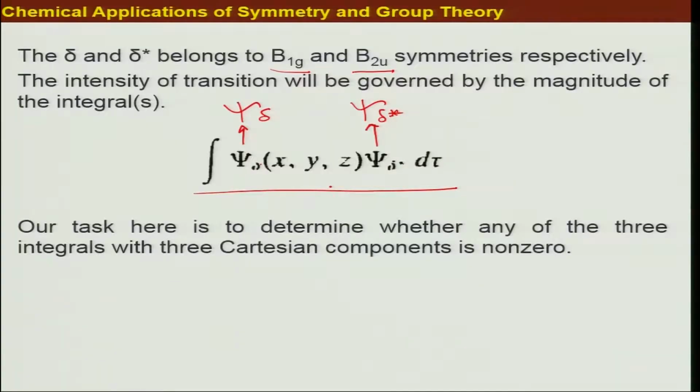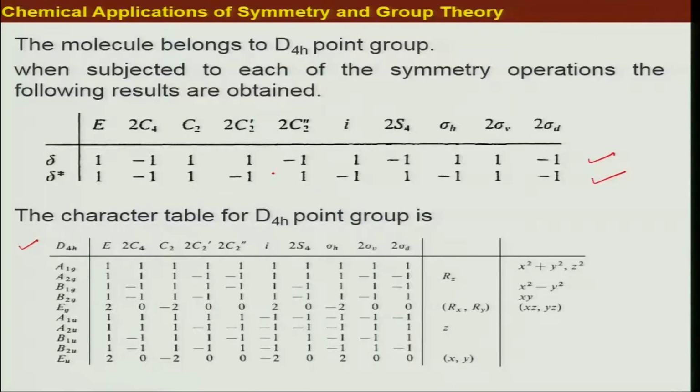This integral we can split into three different integrals involving x, y and z separately. Now we have to find out to which irreducible representation each of the x, y or z coordinates belongs, or in other words, for which irreducible representation x, y or z forms the basis. If we look at the character table, we can easily locate that.